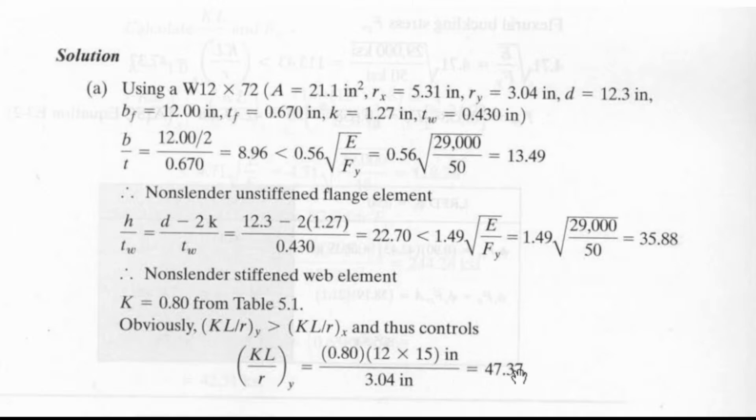Okay? Then the result is 47. So using the same straight line interpolation, even though it is not 100% sure, use the interpolation. We do not have any other way.